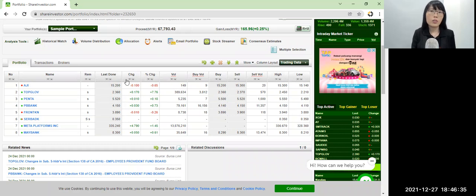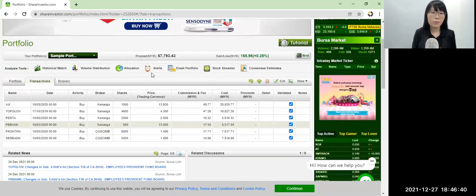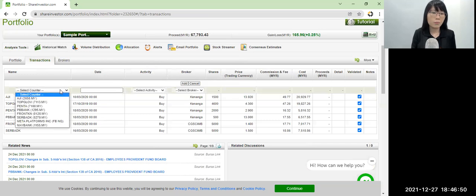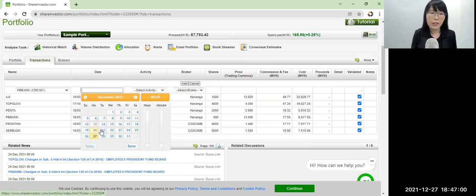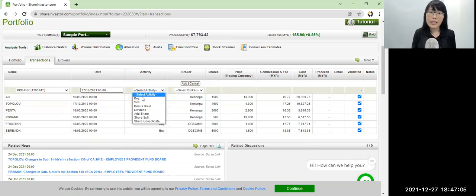Then you can go to the next one, which is transaction. You also can click the add button, then choose the counter you want. For example, Public Bank. And then you can select the date, for example, today. What is the activity? For example, you sell the share, so you put sell.